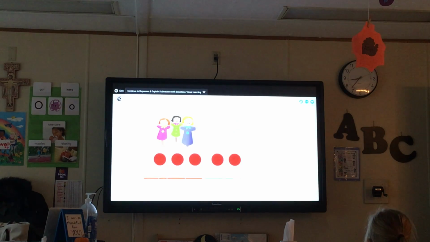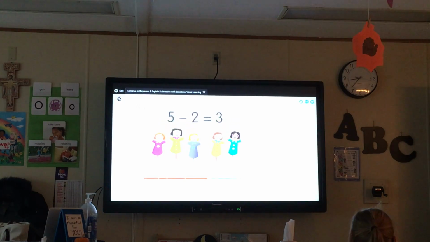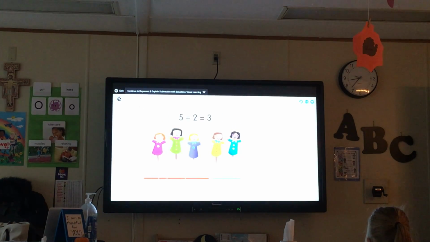Okay. You can show this story by writing a subtraction sentence. 5 minus 2 equals 3. Name the sign that means subtract. What is it? Everyone. The minus sign means subtract. Name the sign that means is the same as.